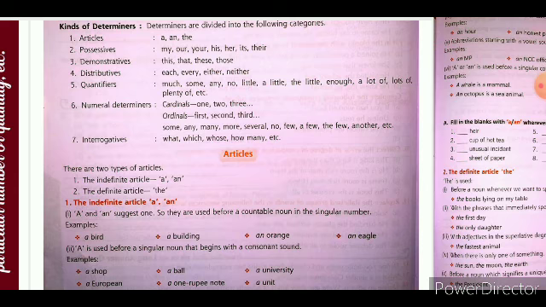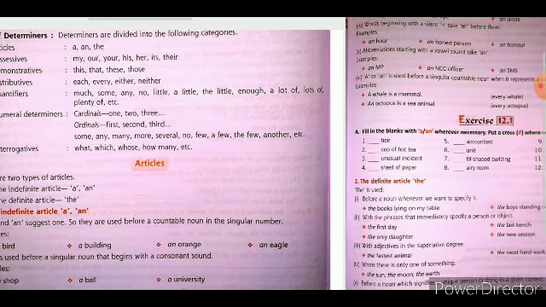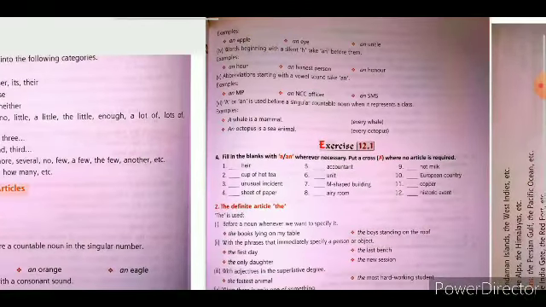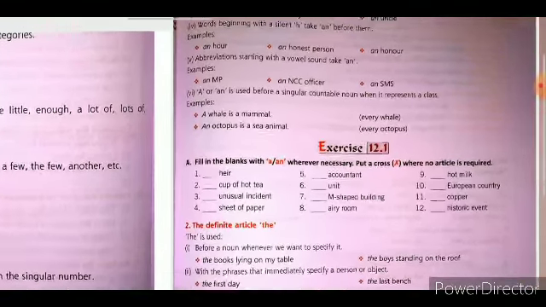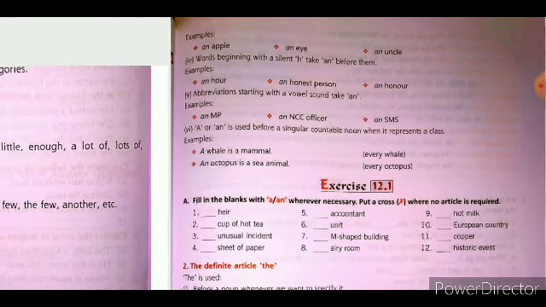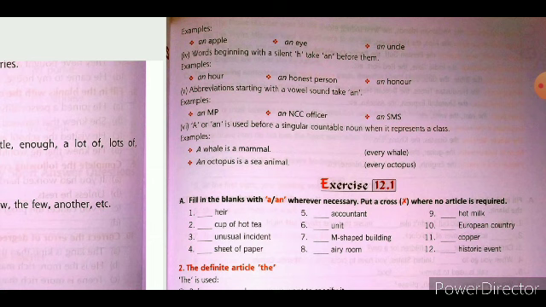Okay, and yes students, further we have other rules: words beginning with a silent h take an before them, like an honest person or an hour. Abbreviations always take an when the first letter is pronounced with a vowel sound, whether the word starts with a capital or small letter. A or an is used before a singular countable noun when it represents a class, that means a common noun, right?